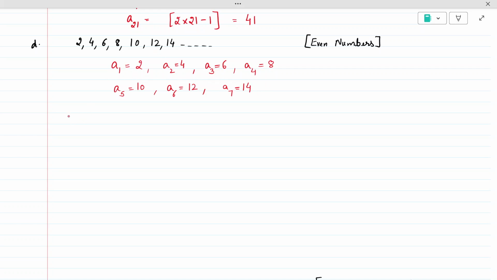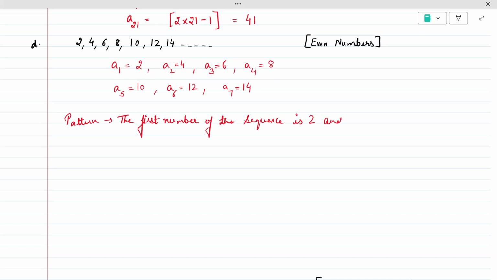Now let us try to find out the pattern which this sequence is following. As we have seen, the first number of this sequence is 2. So I am writing the same here. The first number of the sequence is 2, right?